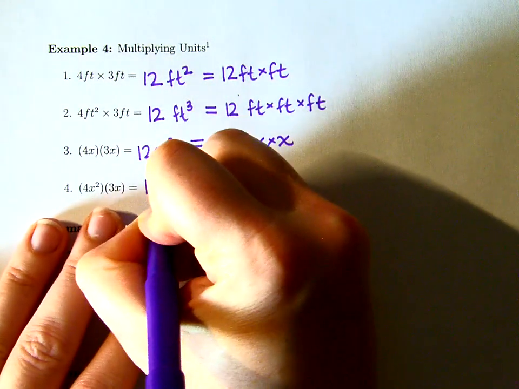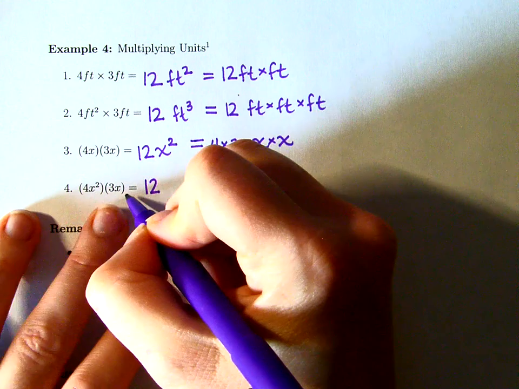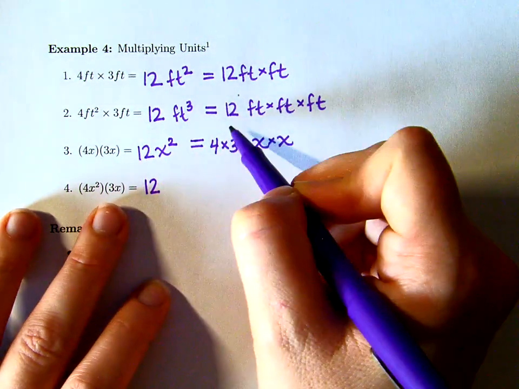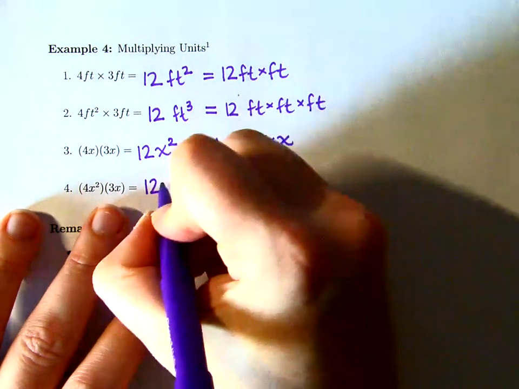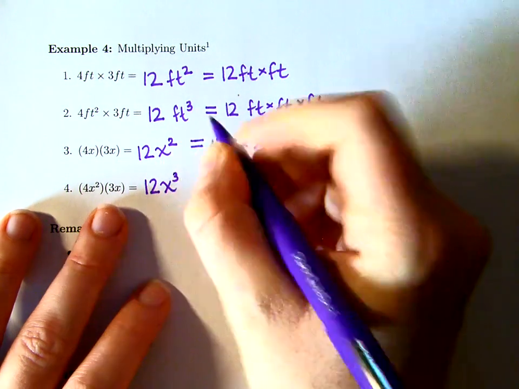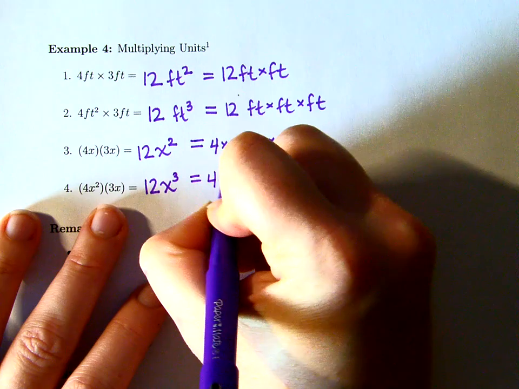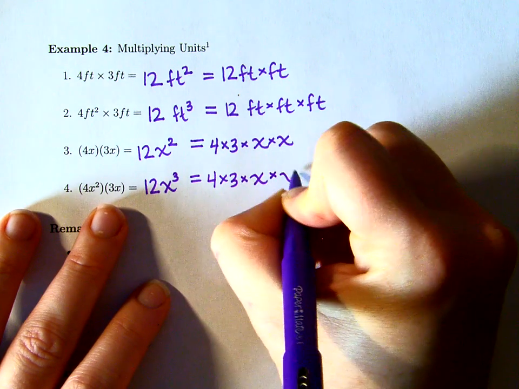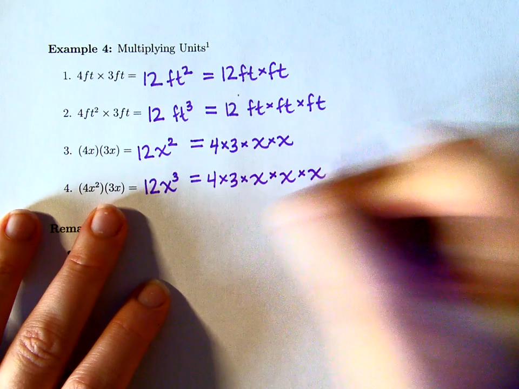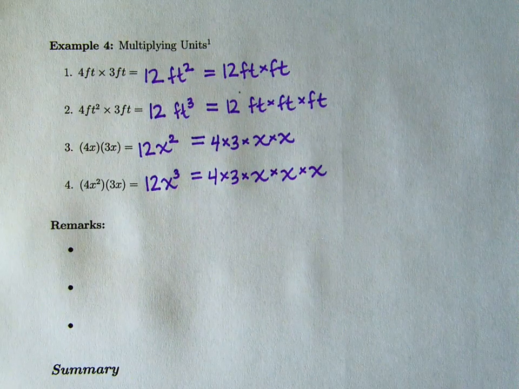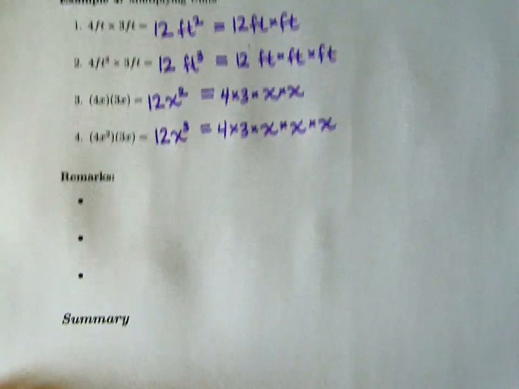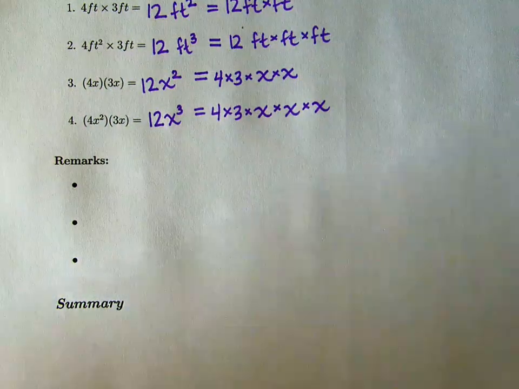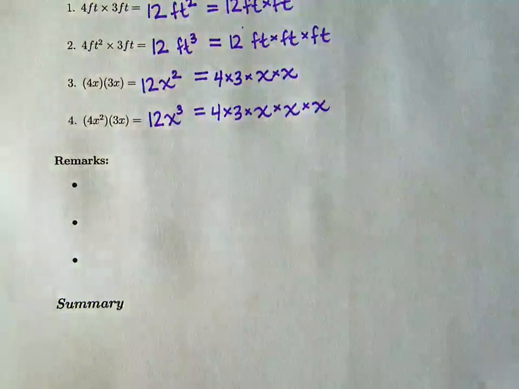This is going to be 12 x squared by x, which will be treated like feet squared by feet to make cubic feet. 12x cubed. Or, if you preferred to write it out, 4 by 3, x by x by x. Yeah? Okay. A few remarks to summarize everything or cap it all together is this.